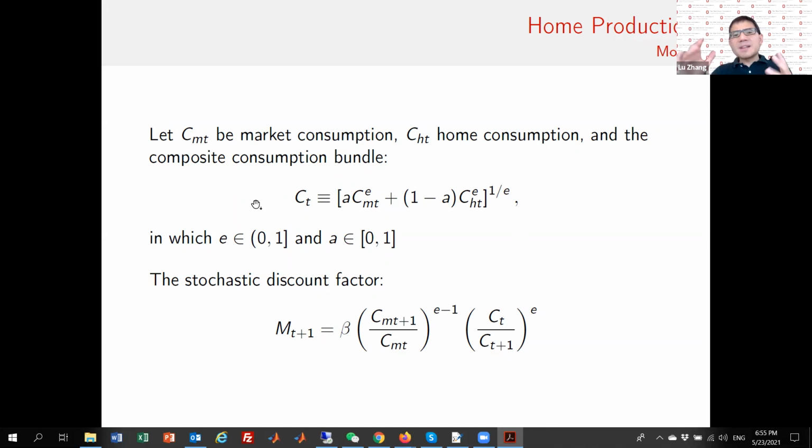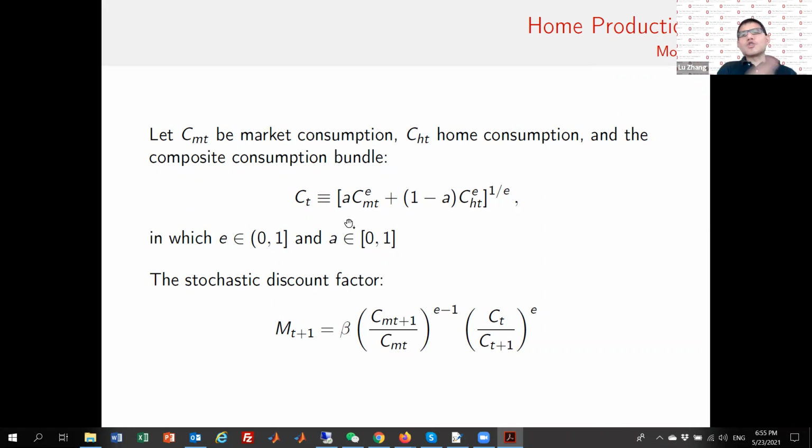So in the presence of home production, or home consumption, there are two types of consumption goods: market goods and homemade goods. Composite consumption is a CES functional form of market goods and home goods. This E controls the elasticity of substitution between these two types of goods.